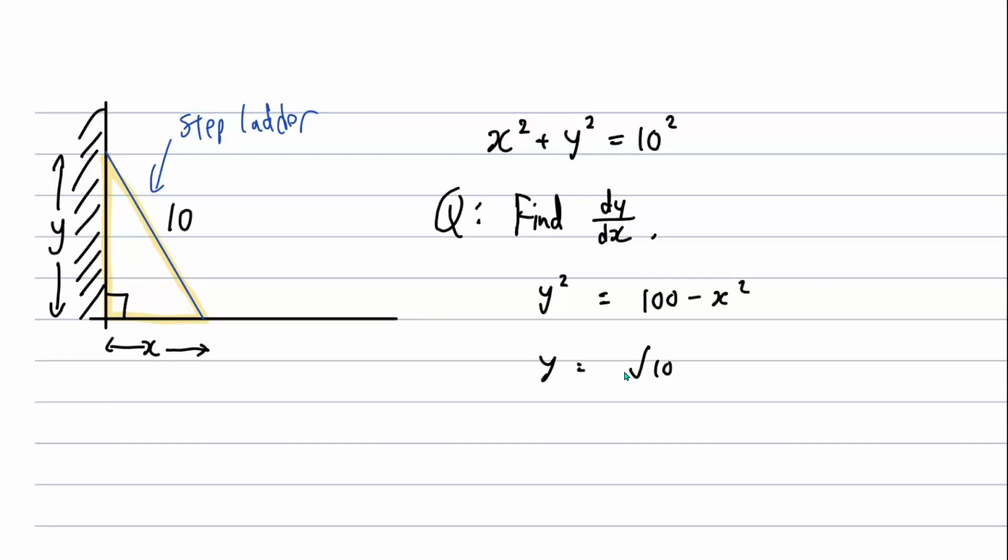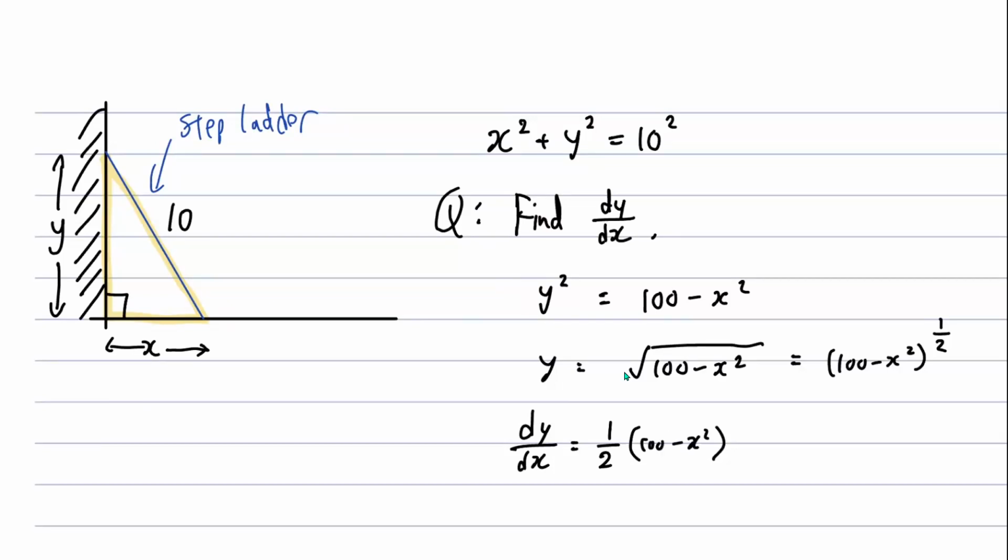Then you get y equals the square root of 100 minus x squared, which is power of half. dy over dx equals half, bracket open, 100 minus x squared, the power becomes minus half, times the derivative of what's in the brackets, which is negative 2x. Yes, negative 2x. Differentiate 100 minus x squared.